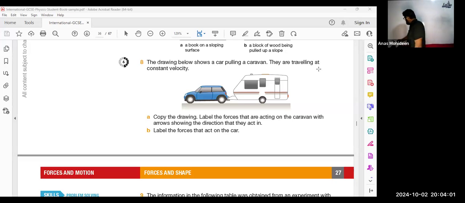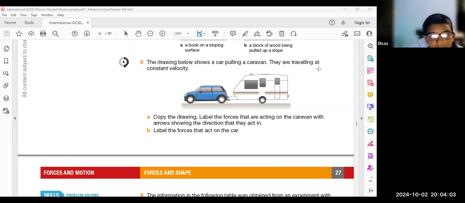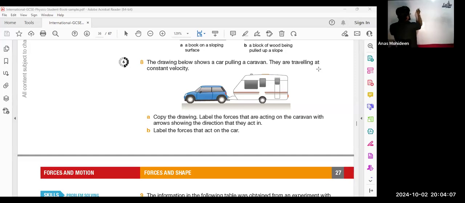Let's have a look like this. If I say this is the first object and it is connected with the second object. So this object is pulling, right? And the question is saying it is pulling the second part. Second part is also moving on.